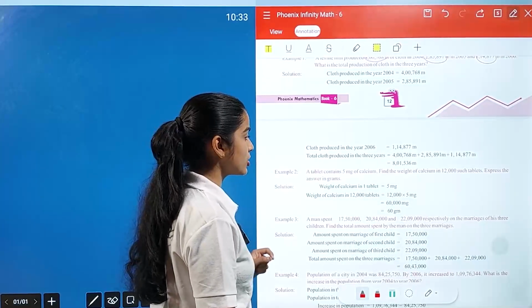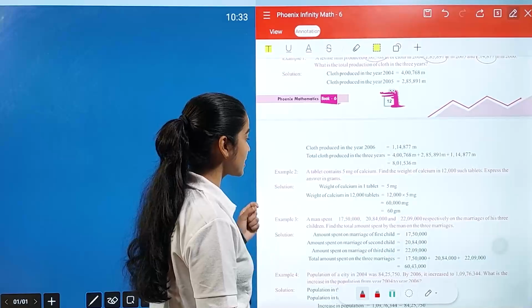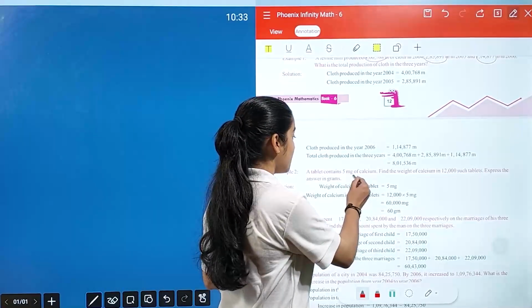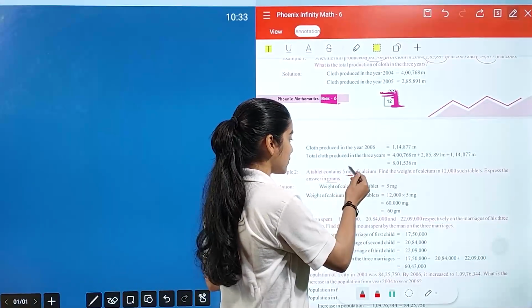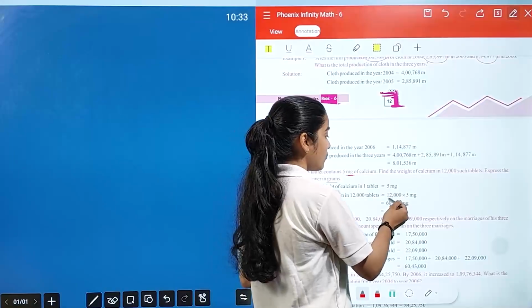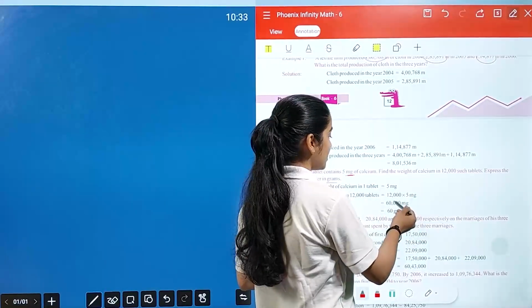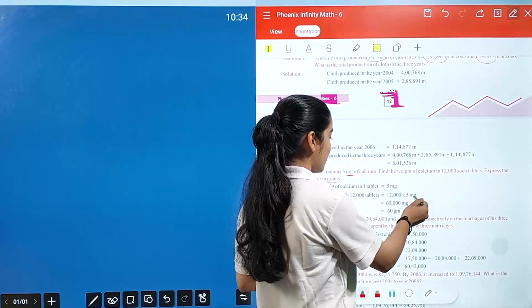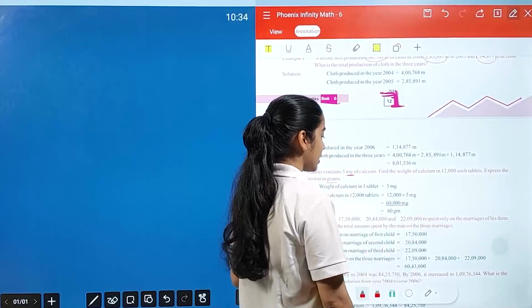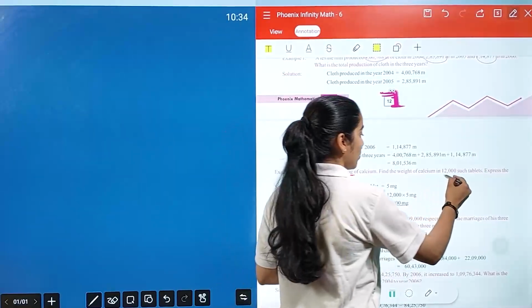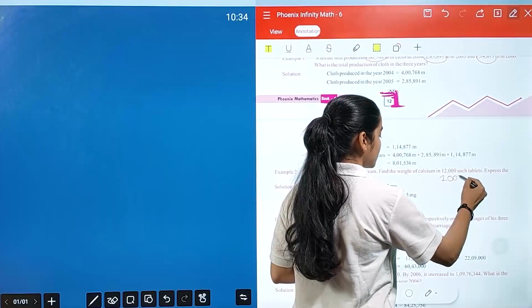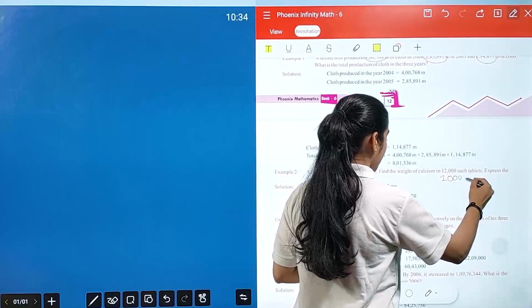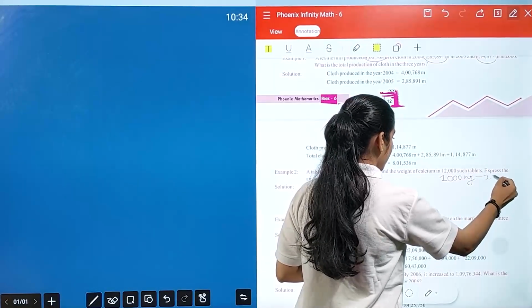A tablet contains 5 milligram of calcium. Find the weight of calcium in 12,000 such tablets. Express answer in grams. So we have milligrams and we have to express it in grams. So first of all, we have to find it. For 5 milligram and 12,000 such tablets, we have to multiply 12,000 by 5. Your answer is 60,000 milligram. Now we know that 1,000 milligram is equal to 1 gram.